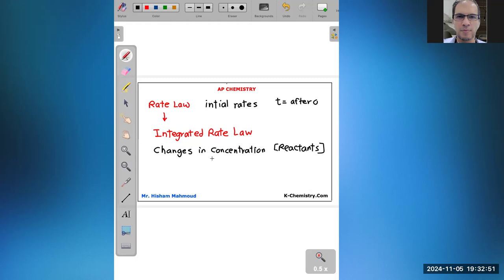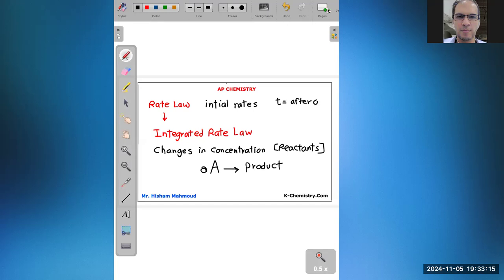Let's first see a reaction in which I have only one reactant. So let's say this reaction is having one reactant, which is A, and it has a number of moles. And this reaction has changed into product.